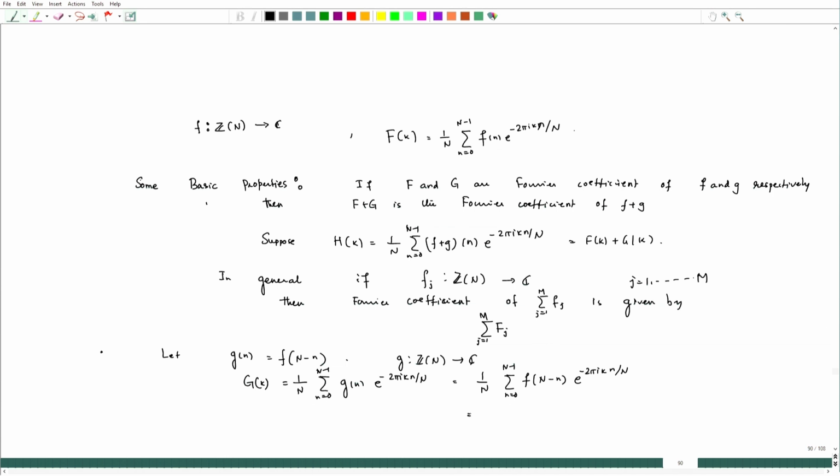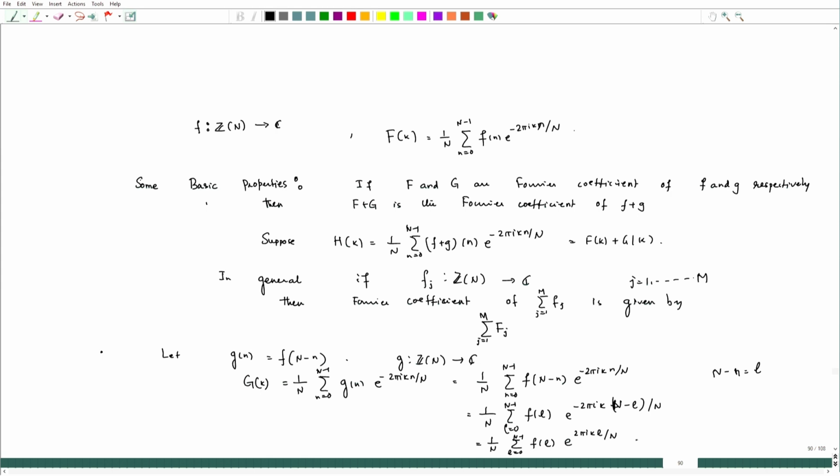And so, therefore, we can get 1 by n summation L equal to 0 to n minus 1 f of L e to the power minus 2 pi i k, and this n is replaced by N minus L, by n, because I am taking N minus n equal to L. So, therefore, this is 1 by n summation over L equal to 0 to n minus 1 f of L e to the power 2 pi i k L by n, again by the periodicity of this.